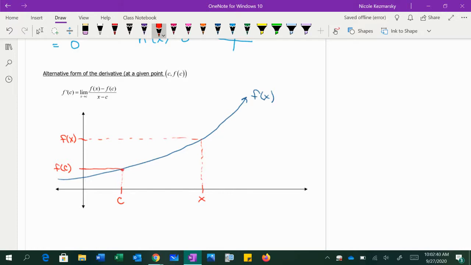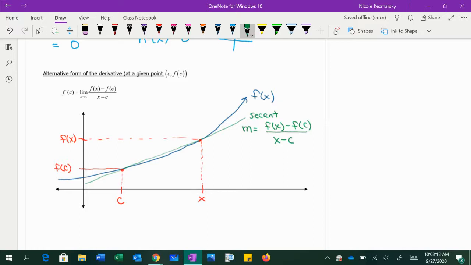Well, I can connect those two dots with a straight line. I'm going to connect them with a green straight line. That secant line that we talked about before. If I write out the slope of that secant line using the points that I have, it's going to be f of x, so y2 minus y1, so the difference between my y values, divided by the difference between my x values.